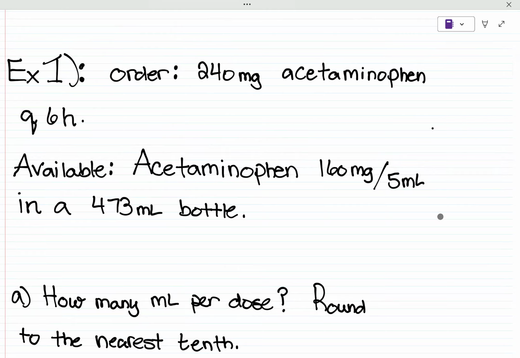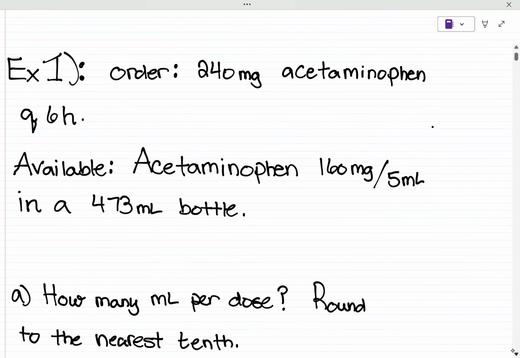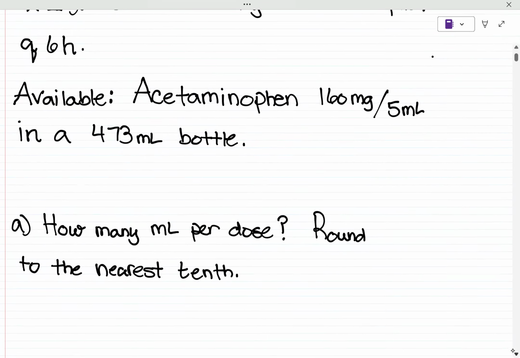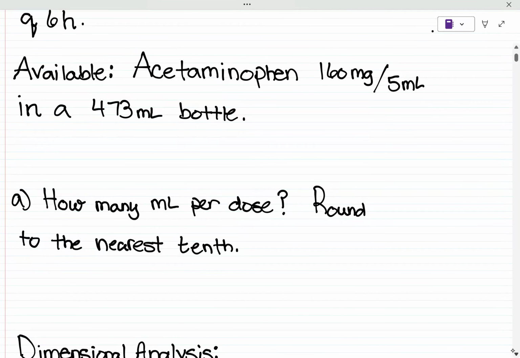Our availability is acetaminophen 160 milligrams per 5 milliliters in a 473 milliliter bottle. The question says, how many milliliters per dose, round to the nearest 10?